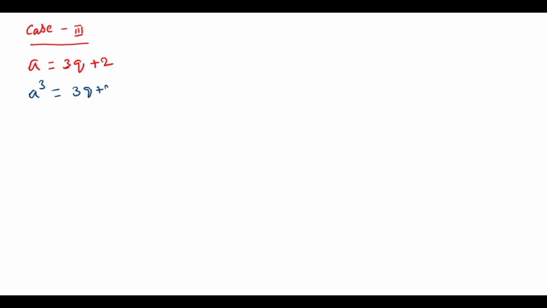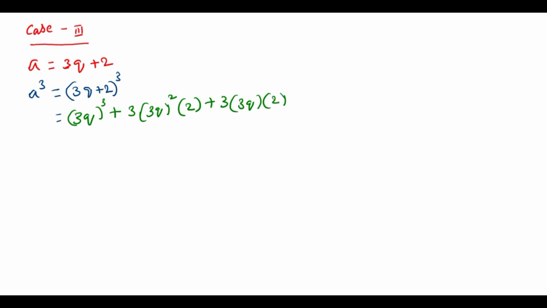So this is again the a plus b whole cube formula. A plus b whole cube that just before we have discussed, that is a cube plus 3a square b plus 3ab square plus b cube, okay.